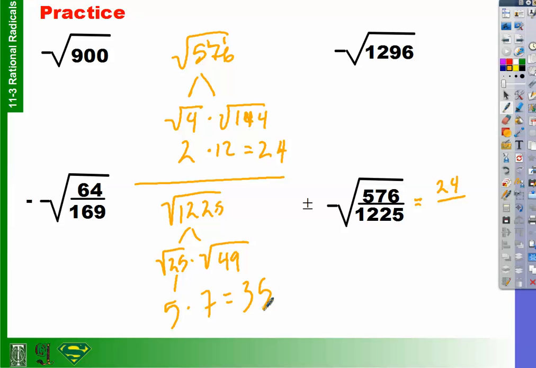So the square root of 576 over 1,225 is 24 over 35. And since we have this plus or minus, we're looking for both the possible answers. So we have plus or minus 24 over 35. So that's how to simplify a radical with a rational answer.